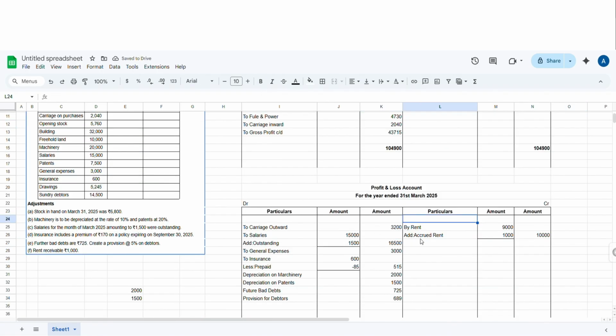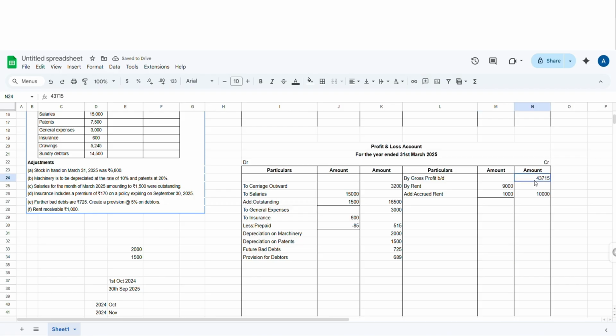Next, by gross profit brought down. How much? 43,715, and on the debit side it is 28,129. So the credit side is more, 53,715.